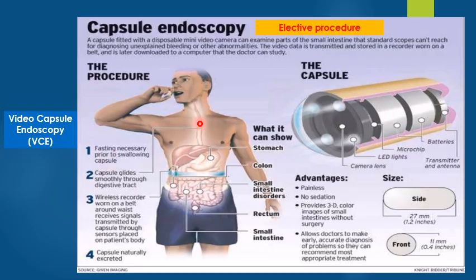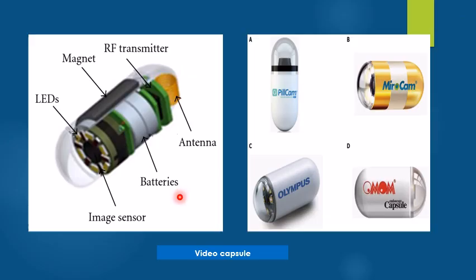As the capsule travels down the GI tract, it transmits pictures and videos through the chips and the antenna, and this is then recorded in the computer and analyzed. This is a close-up view of a capsule with all the gadgets within it, and these are some of the companies that manufacture these capsules.